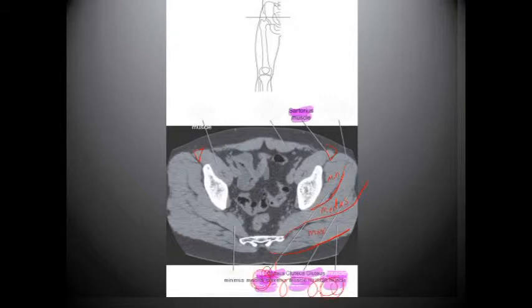Don't worry about this down here at the bottom. I think this is kind of skewed. Here we have the minimus, medius, and maximus. Also we have the rectus abdominis muscle here.